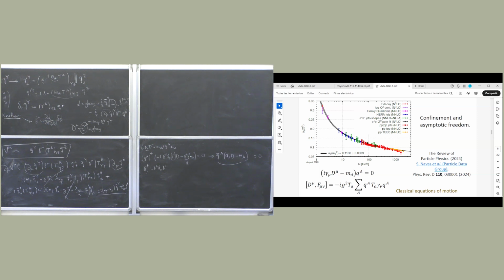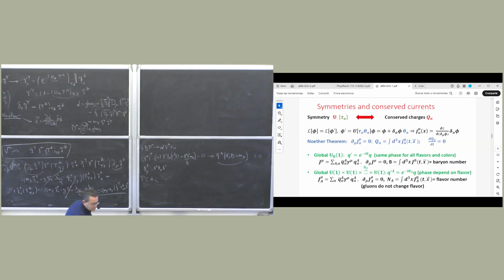By the way, there is something that is called partial conservation of the axial current. People work with axial currents knowing that they are not totally conserved, but the divergence of the axial current is small because it's proportional to the quark masses, right? Which for the U, D, and even for the strange is small. So sometimes you just see PCAC.